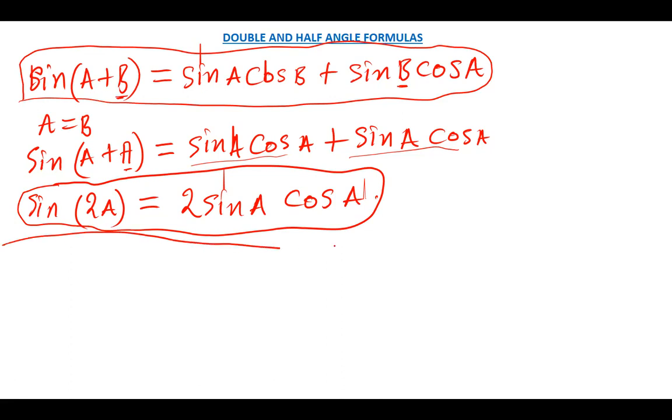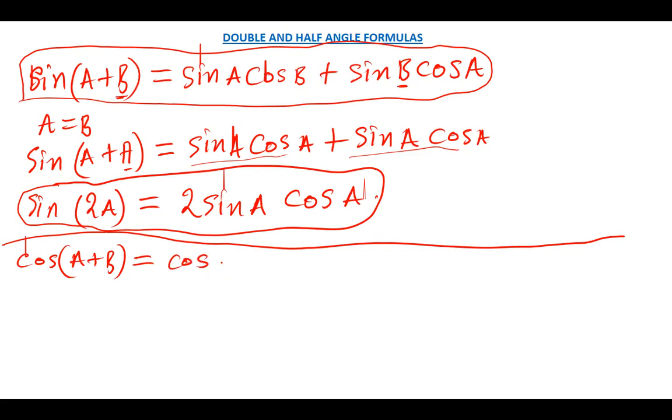Let's look at cos. For cos, cos (A plus B) is simply given by cos A cos B. You have to master these formulas. They are very important. So cos A cos B, minus, for cos, if you have a plus here, it means that here you're going to put a minus.